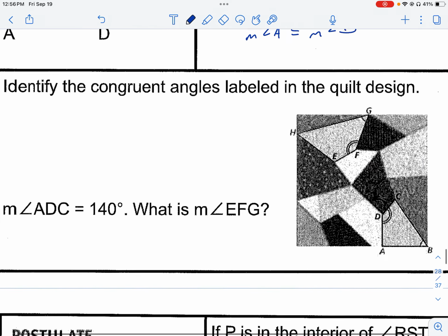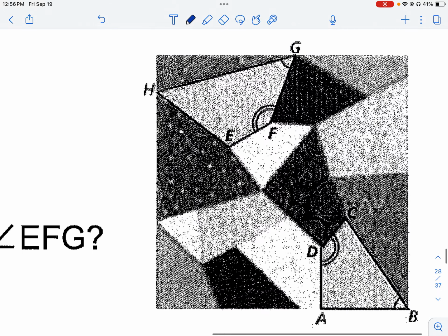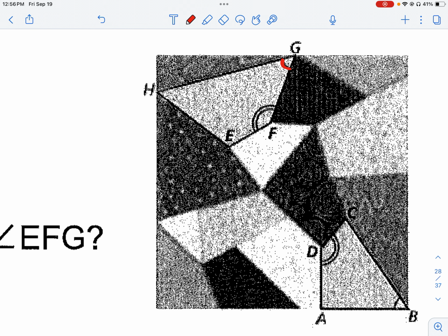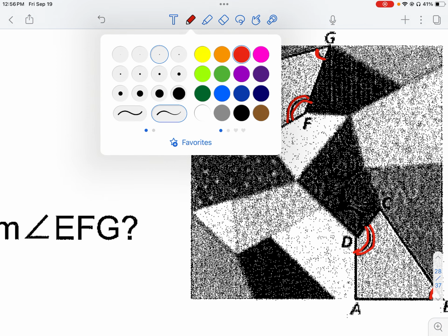So let's look at an example and talk about it a little bit. Identify the congruent angles labeled in the quilt design. All right, so let's look at these little arcs. These little arcs work similar to the lines that we have with segments.